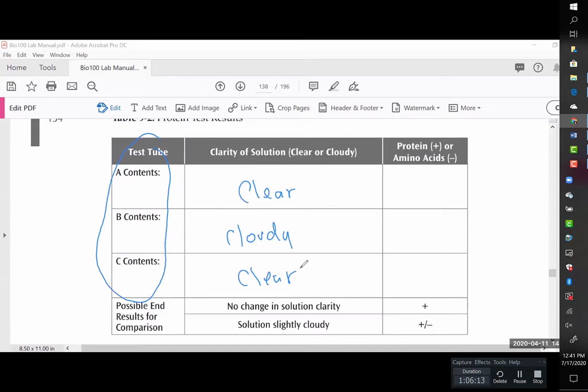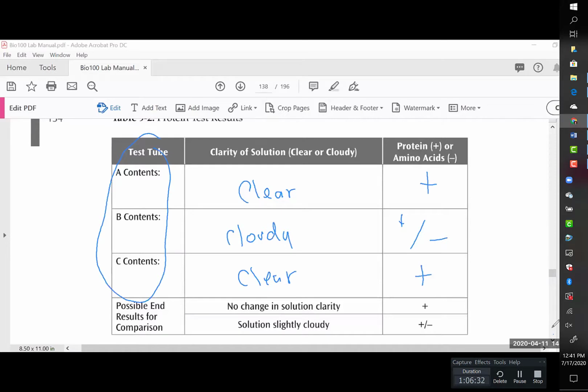So in terms of no change in the solution clarity, we had only protein but no amino acid. For test tube B, we had protein and also amino acid, so plus minus. And then for content C, it was just a positive. Those are the results there.